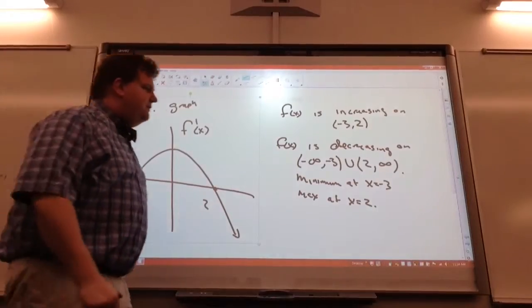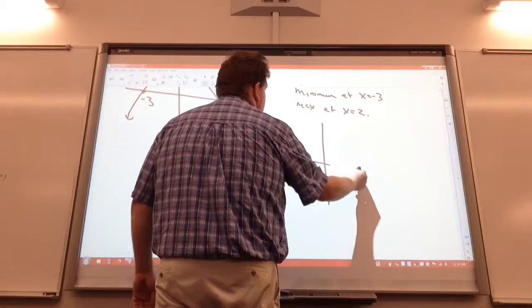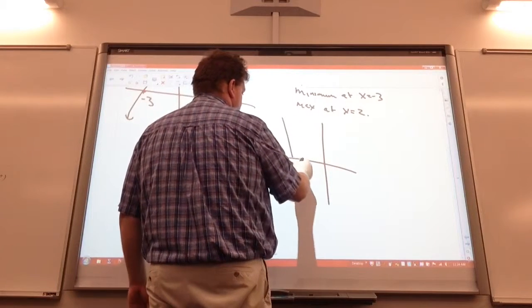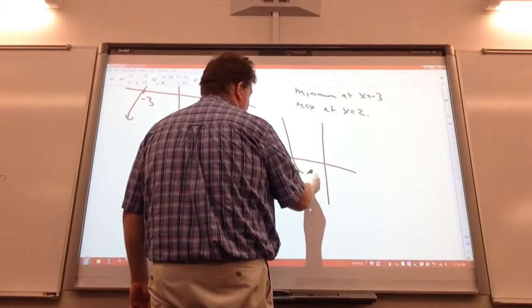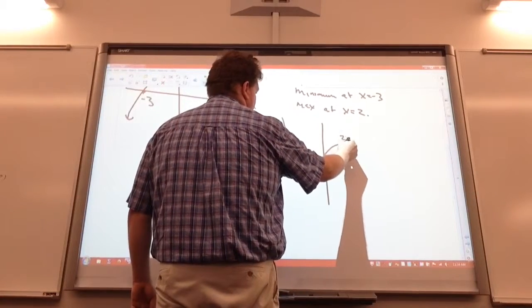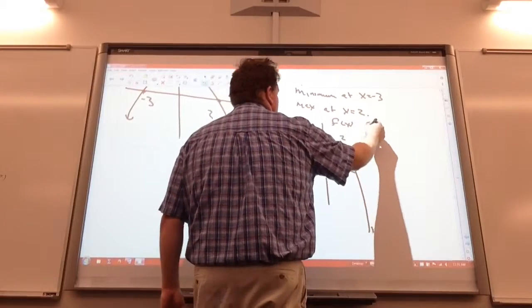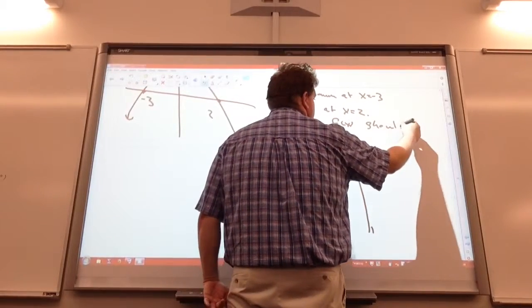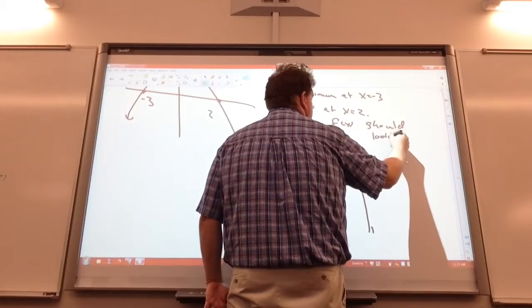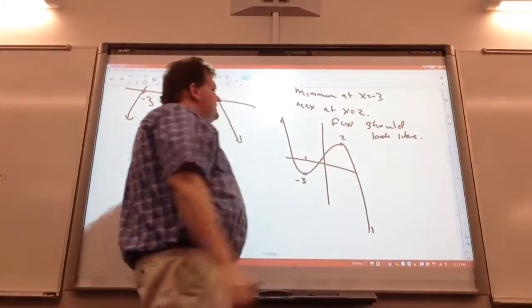And so my basic graph for this thing should look like this. This is -3, 2. So f of x should look like that right there.